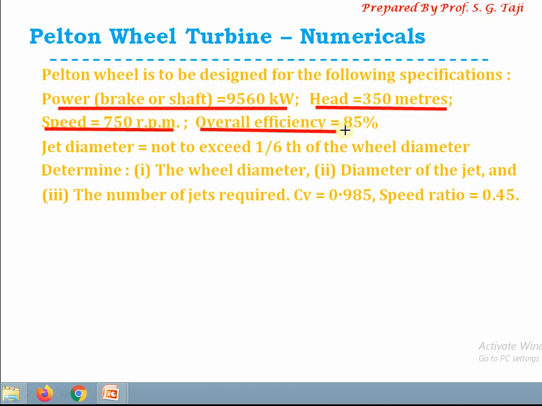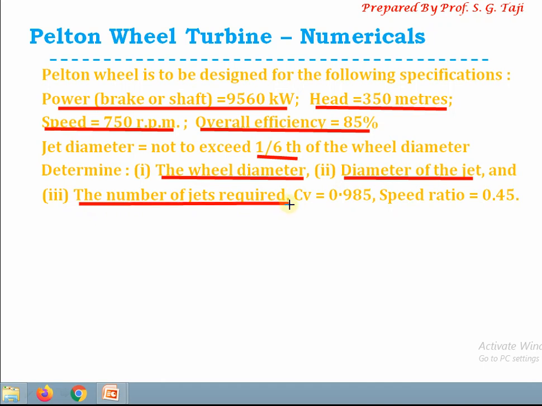Overall efficiency is given as 0.85, and jet diameter should not exceed 1/6 of the diameter of the wheel. Using this given data, determine the wheel diameter of the Pelton wheel, diameter of the jet, and the number of jets required. Take the value of Cv equal to 0.985 and speed ratio equal to 0.45.